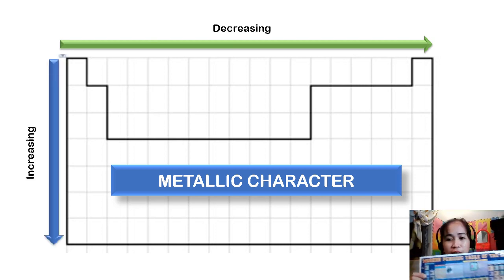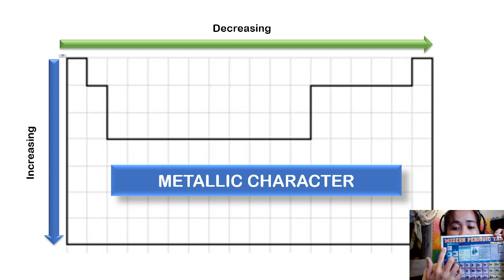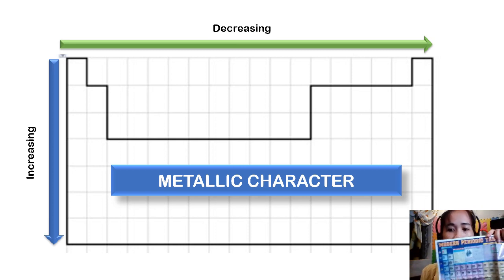So try to take a look at your periodic table again, guys. The metallic character increases from top to bottom and decreases from left to right. Try to take a look at your periodic table.